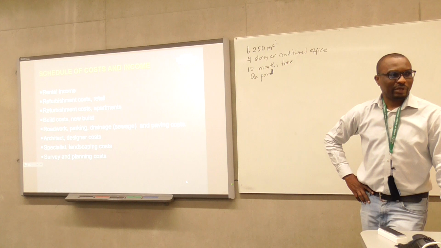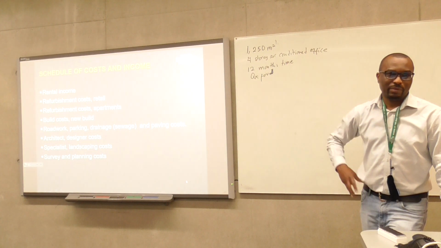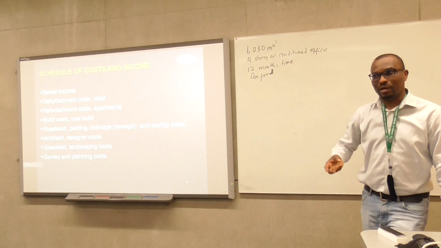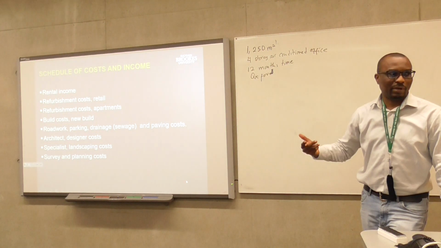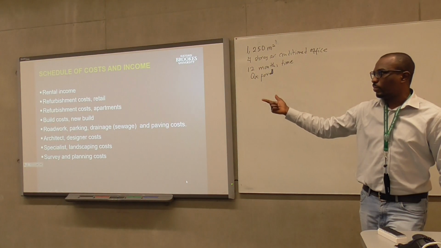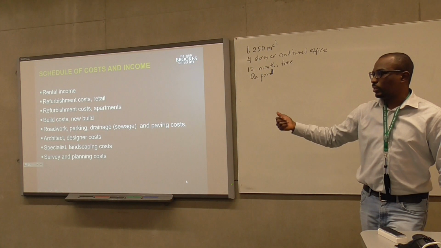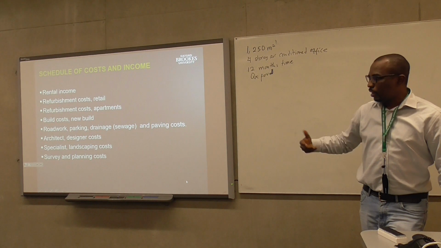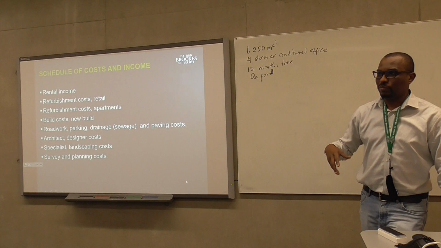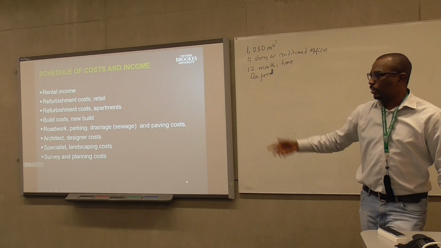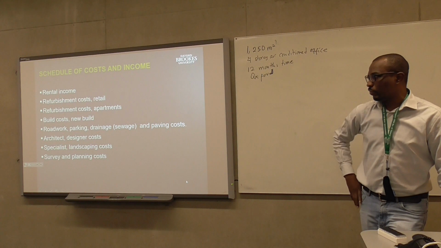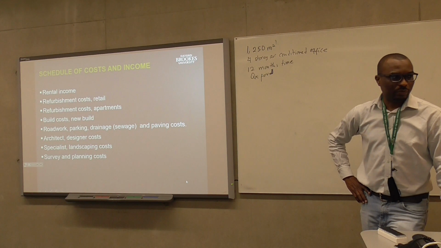And then to come up with a schedule of costs and to determine the profitability of the project, you need to know your rental income. How much are you obtaining from that project? What will be your cost of construction? In that project, there will be refurbishments, and then there will be new build. And for almost every project, there will be external work as well, which you need to consider. And then you also need to pay the architect or the design fee. So if you go through the order of cost estimate, it helps you do that as well.